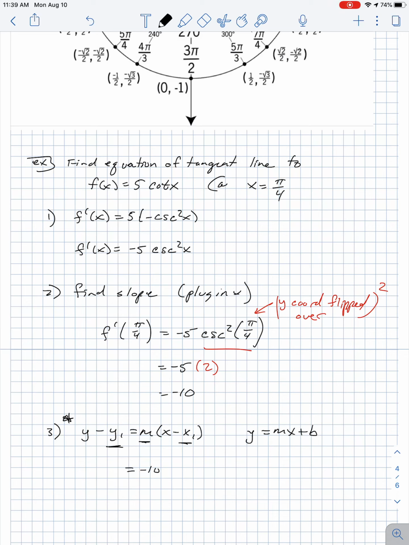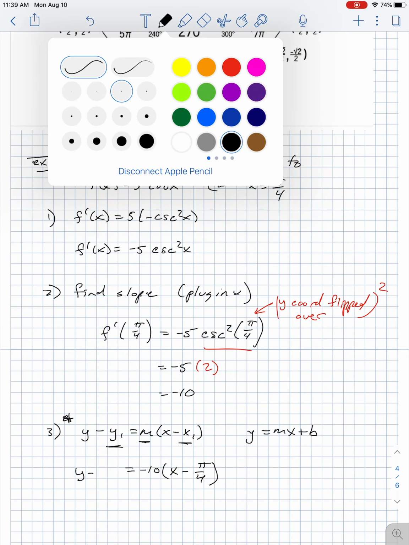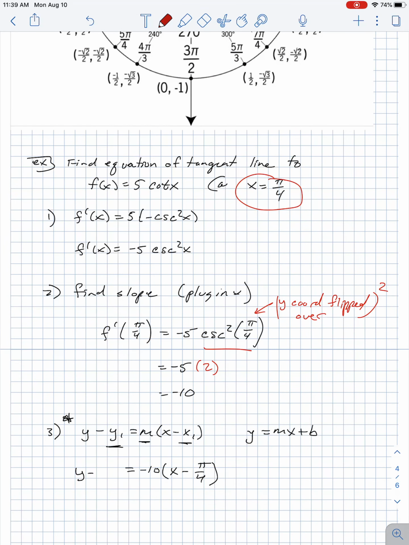Well, I've got a slope, it's negative 10. And I've got an x coordinate, it's pi over 4. But I don't have a y coordinate. So the way that you find that is just like you would in an xy table. You'd take your x coordinate and plug it into the function, and that's going to give you a y coordinate. So let's do that over here on the side.